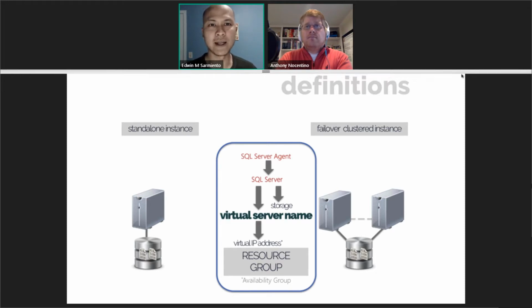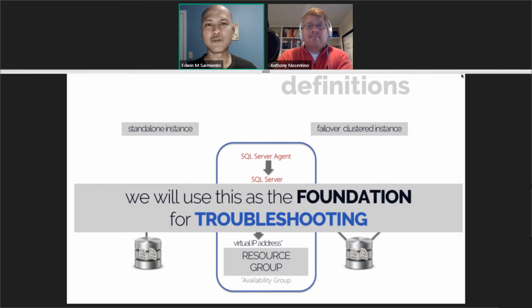Now, like I said, take a look at this diagram. Take 5 seconds. Look at it carefully. And the reason I want you to have a look at this and picture this in your mind is because this forms the foundation for how I do my troubleshooting. Okay? It forms the foundation of how I do my troubleshooting.